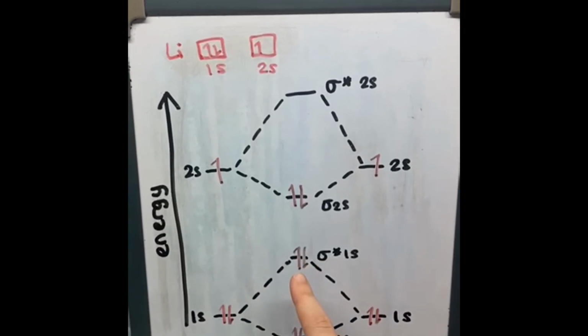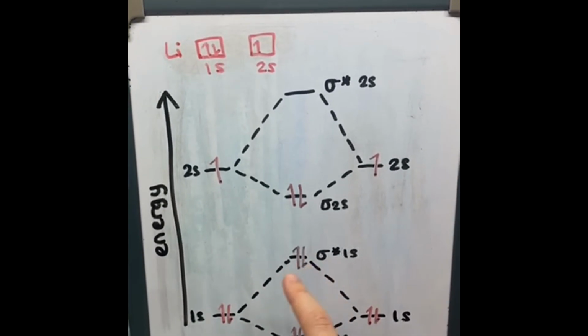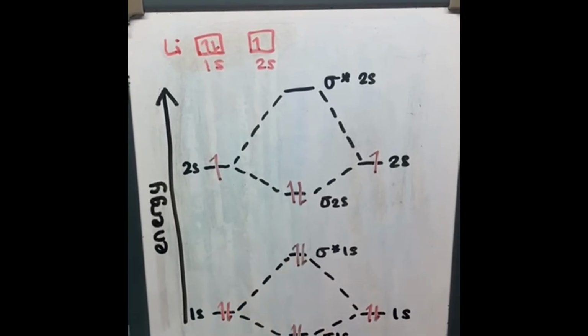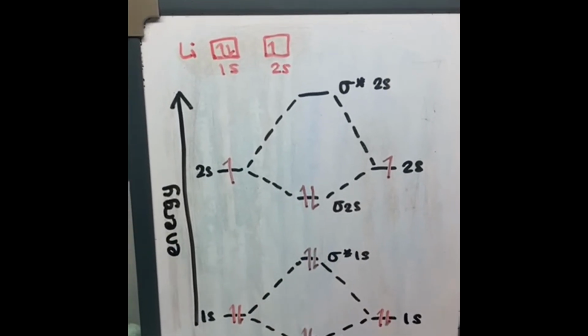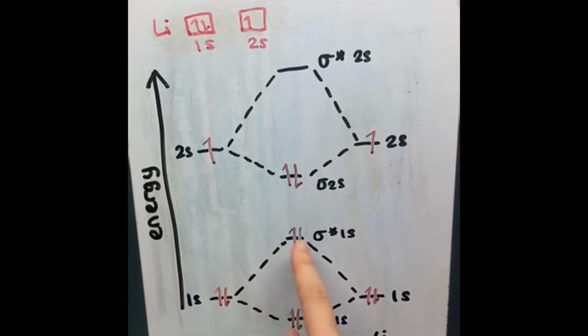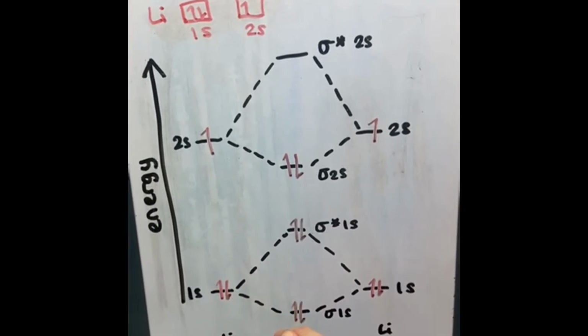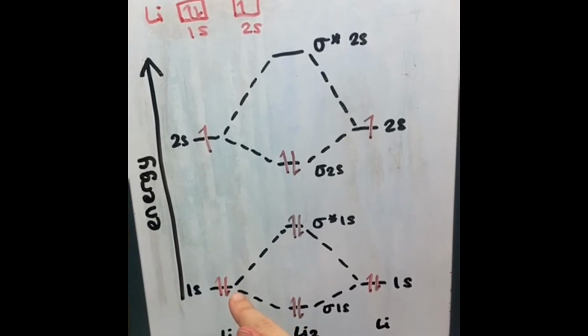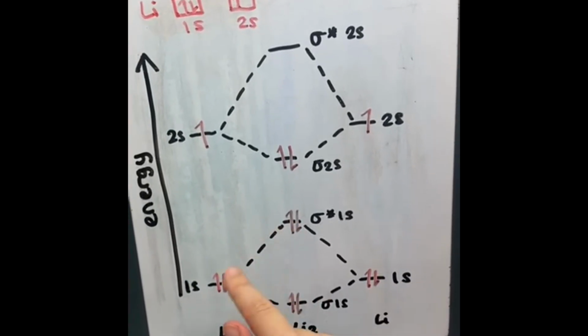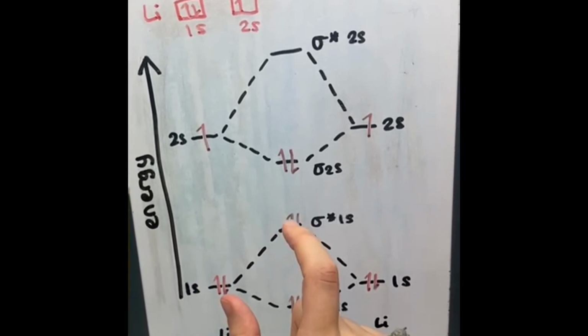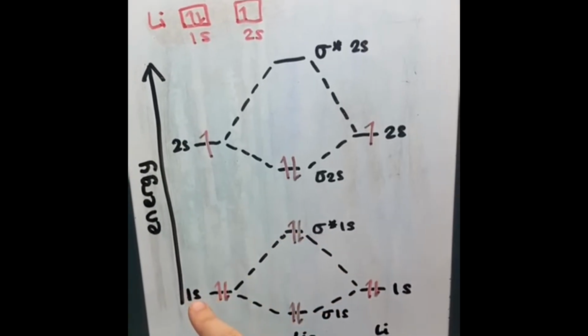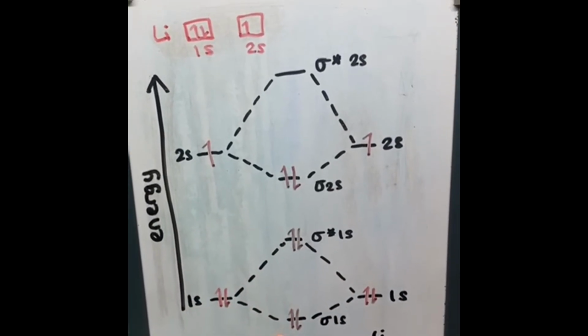As you can see here, the sigma star, that anti-bonding orbital, is higher in energy than the sigma, or bonding orbital. The dotted line going up to that is longer than the dotted line going down here, to represent that the difference in energy between the 1s and the sigma star is greater than the difference between the 1s and the sigma 1s.